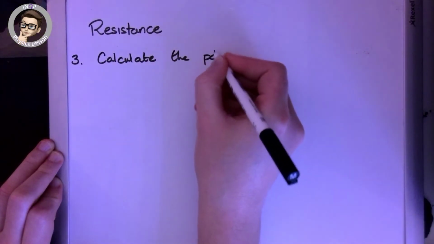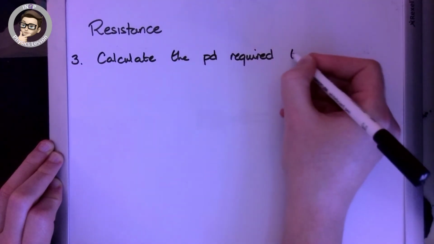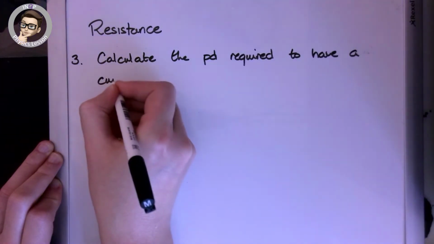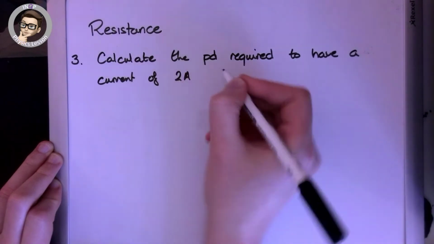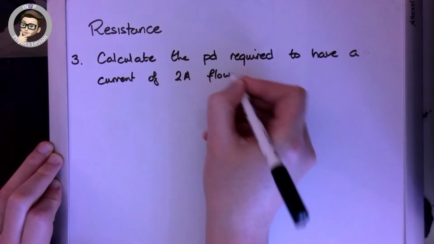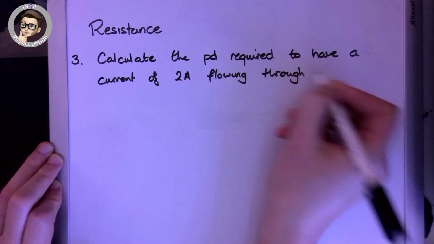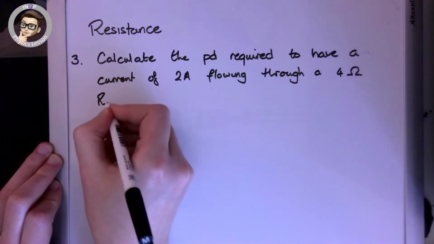So the PD required to have a current of 2 amperes flowing through a 4 ohm resistor.